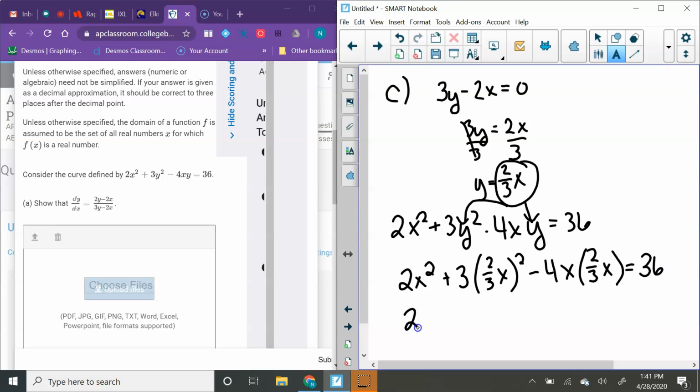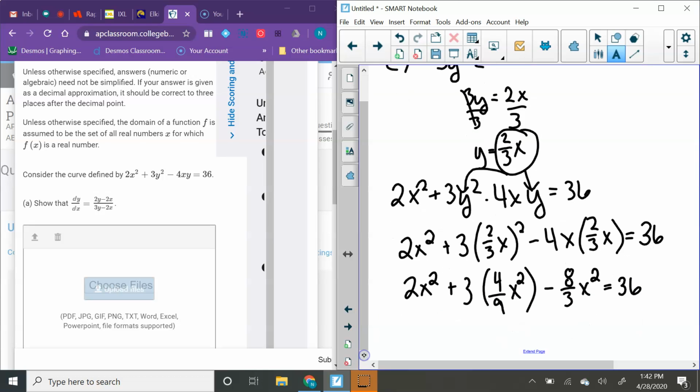And so 2x squared plus right here, you're going to have 4/9 x squared. Whenever you square this, you got to square the 2/3 and the x. And then right here, 4 times 2/3 is going to give us 8/3 x squared.